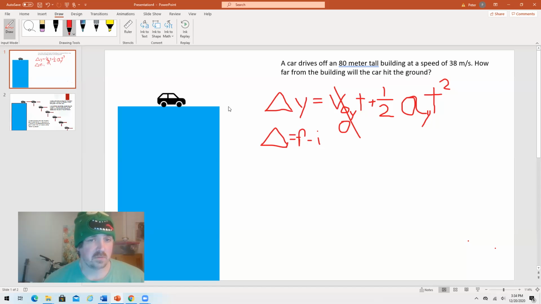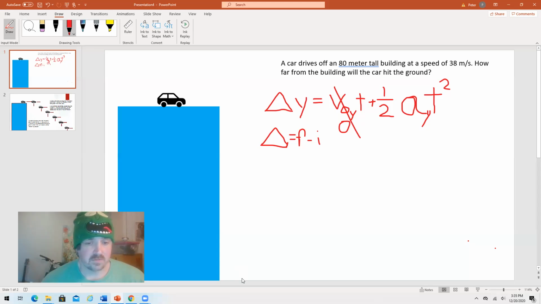Sometimes you might define this start point as 0 in the vertical axis, and in the case of this particular problem, you would then define the ground as -80, since it's 80 meters away from the 0 position in the y-axis, but going down, in the negative direction on that axis.